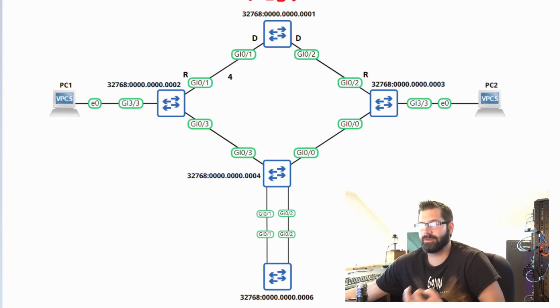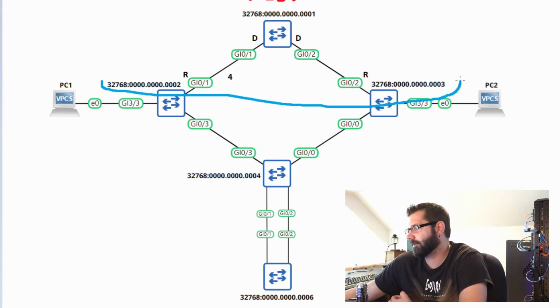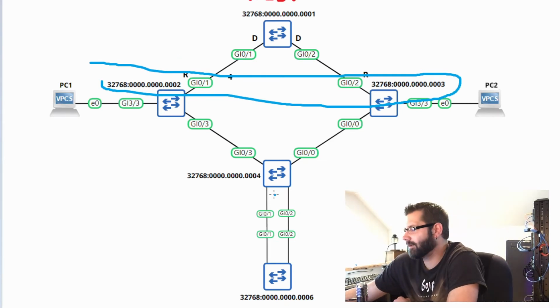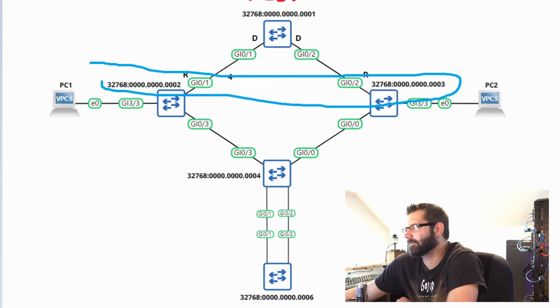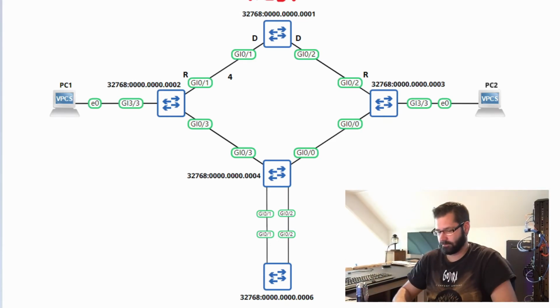We don't have to move beyond that right now, because if these were the same, which would be extremely unlikely, but you're actually going to see an example of that down here, which is why I did this, in case anybody was wondering why you would set that up like that. But for this one, we don't need to move beyond that because this switch has the lower bridge ID. And with that being said, that's going to make gig 0/3 a root port.